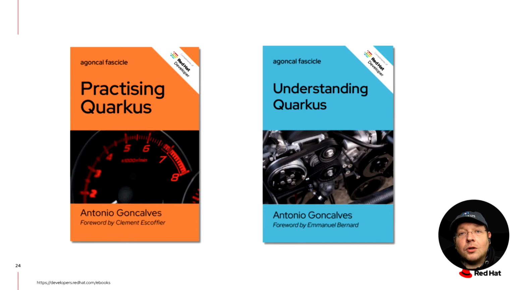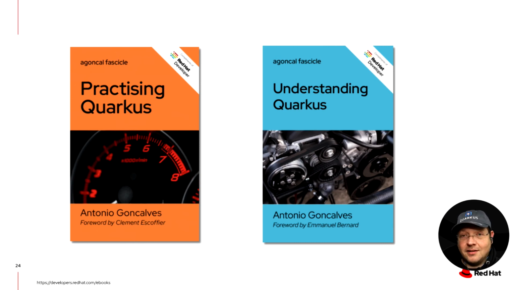Some more reading, and usually my recommendation was, whenever you get back home on an airplane for a couple of hours, this is something that you could easily just take with you and get a first sneak peek into what Quarkus can do for you. Two wonderful free books, part of our Red Hat Developers Program: Practicing Quarkus and Understanding Quarkus.